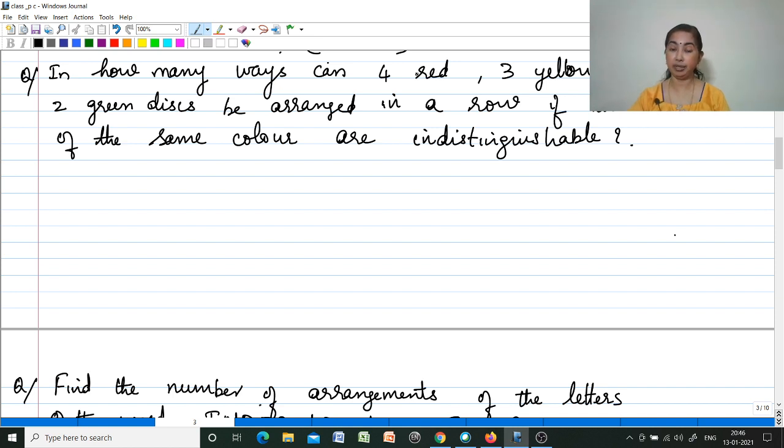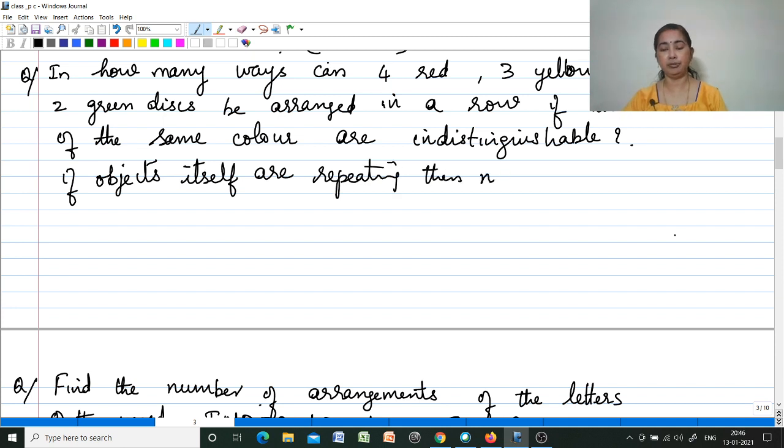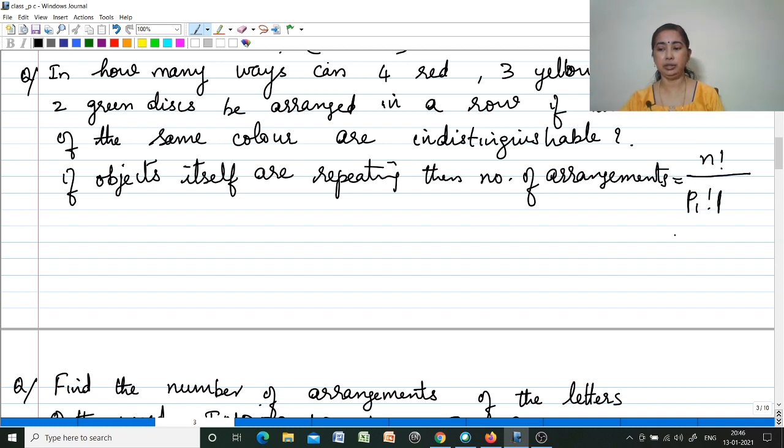If objects are repeating, then the number of arrangements is equal to n factorial by p1 factorial into p2 factorial into etc. pk factorial.